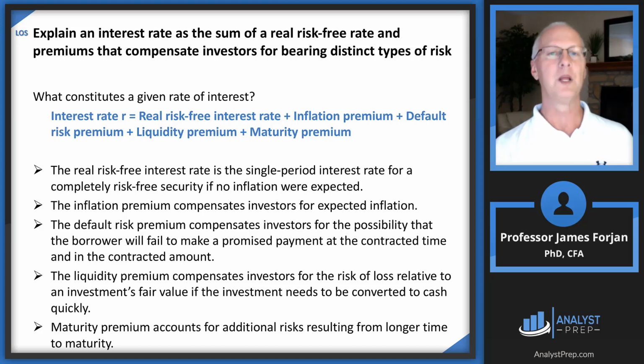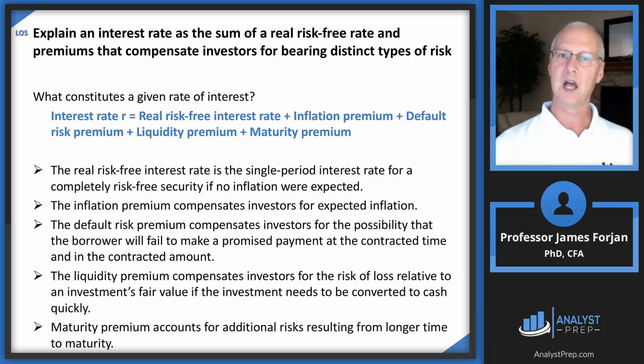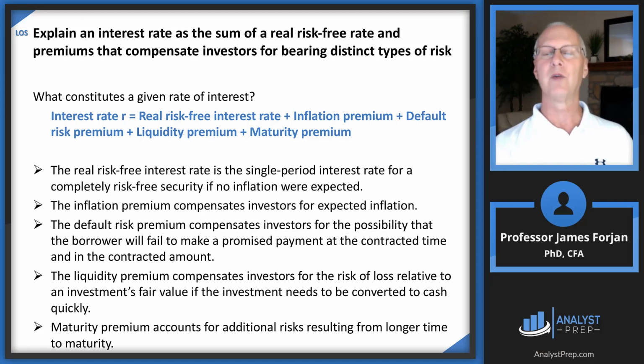So you're going to charge me a little bit more on that 5-year loan than the 1-year loan to compensate you for liquidity. And then there's a maturity premium that will account for the additional risks associated with the longer term to maturity. Now, this is not liquidity. This is time to maturity, and it has everything to do with interest rate risk, the variability in the value of that loan. Once we get to the bond pricing readings, we'll talk at length about duration and interest rate risk.